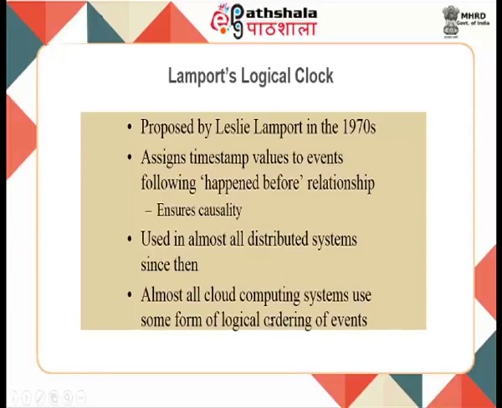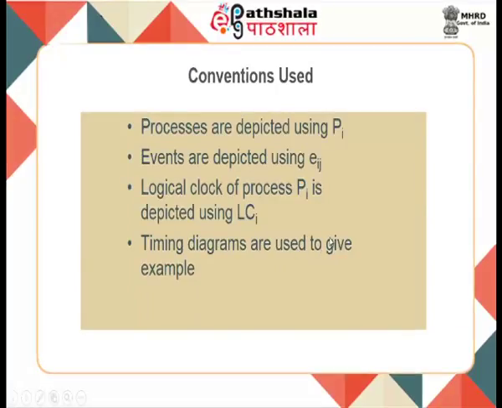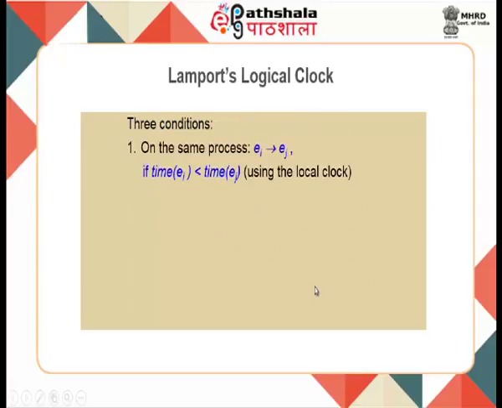This is called logical ordering of events, and the clock generated using this is called the logical clock. So, here is our convention: Pi is the ith process, Eij is the ith process's jth event, and the clock we assign has a value of LCi. So, we have three conditions.